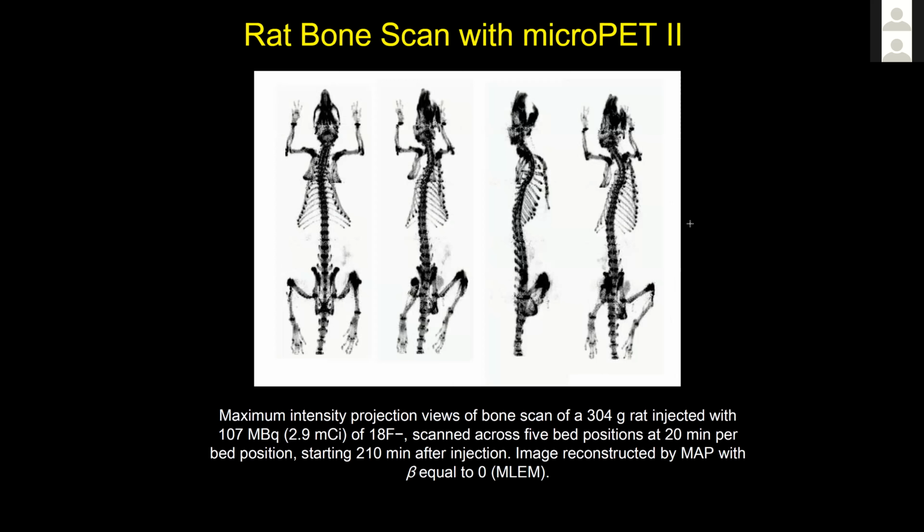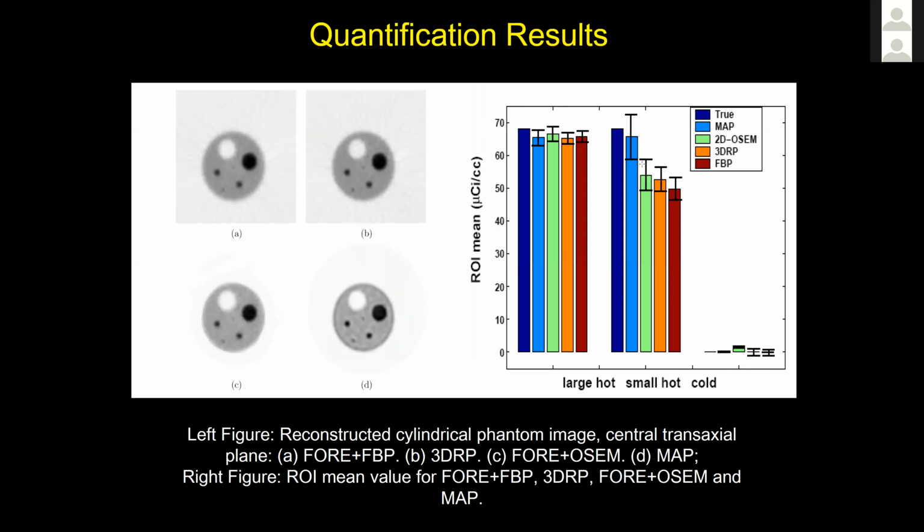And here shows another case: if you do the correct system modeling, image modeling, and noise modeling, then you can recover quality. In this case it is a rat. You can even see the individual fingers of the rat. Of course, because this is a PDF, you cannot see it that clearly, but if you go back to the original publication, you can see it clearly.